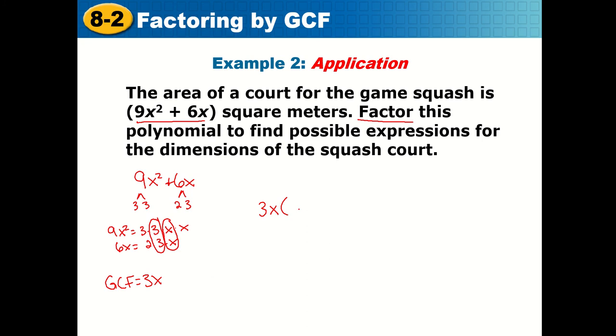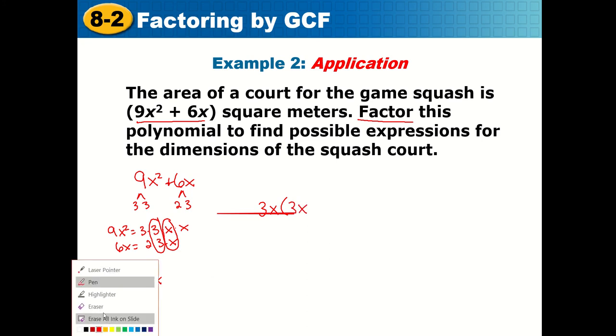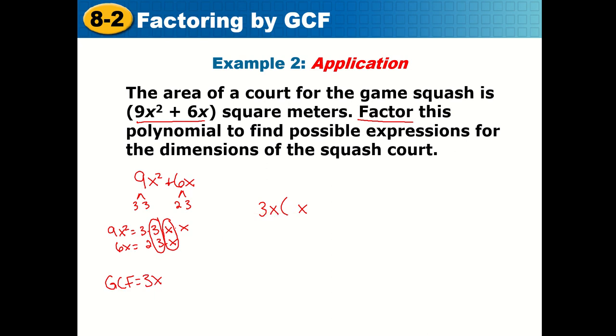So 9x squared becomes 3x. If I take out my greatest common factor of 3x, then the other factor becomes 3x plus 2. I took a 3x out of here and a 3x out of here.